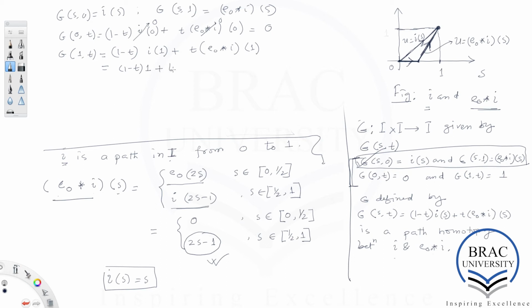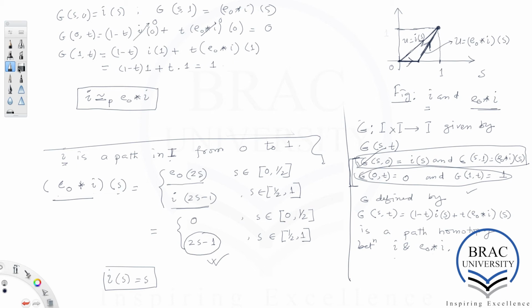And this is t times 1 again, because 2 times 1 minus 1 is 1, so that we have 1 here. So we are done proving the second condition as well. So indeed I is path homotopic to E0 star I. Okay, good.